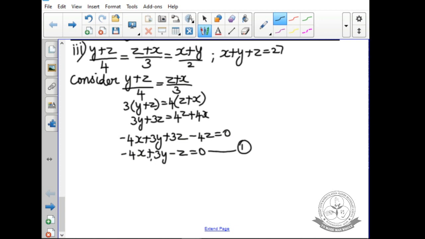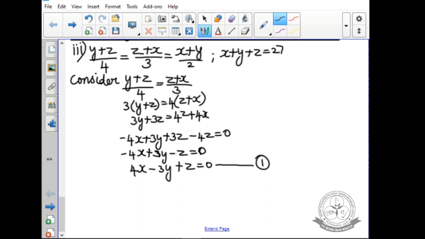We can divide it by minus 1 also. The answer will be 4x minus 3y plus z is equal to 0. Take this one as the first equation.